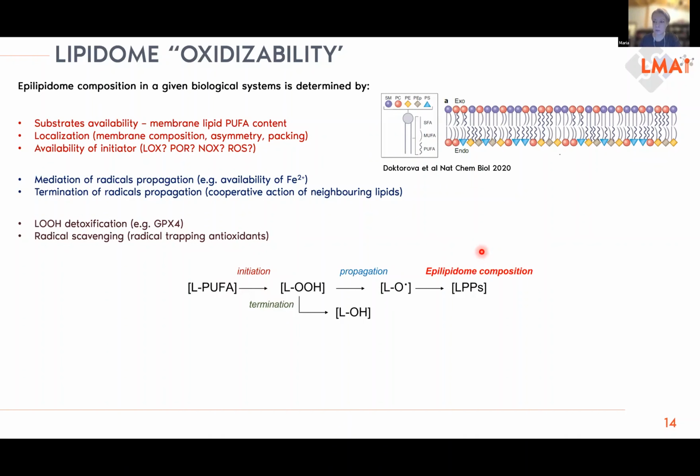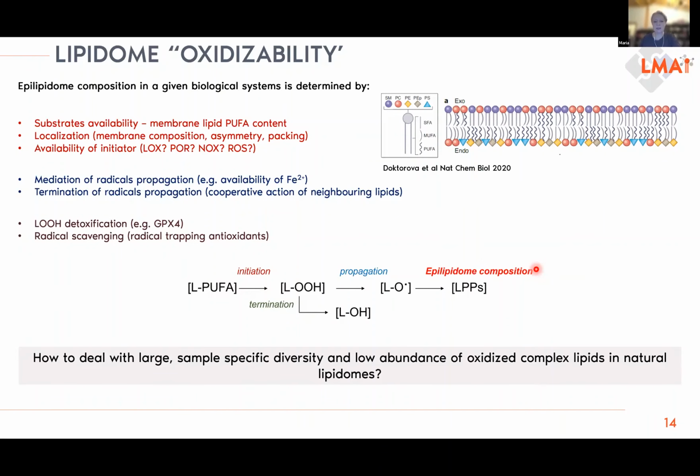epilipidome composition. So how to deal with this large sample-specific diversity, but on the other hand, this low abundance of oxidized lipids in natural lipidome. We want to measure in conditions not when the system undergoes massive oxidative stress. We want to measure in physiological or pathological conditions where subjects are still alive, obviously.